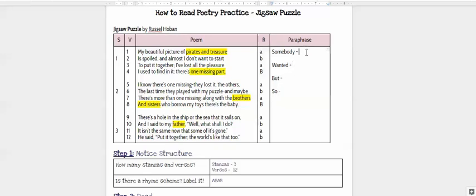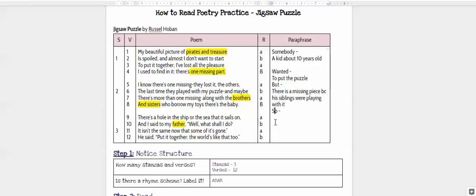Okay, now my speaker, the person I think it is a speaker, might not be the same person you think it is. I think it's like a kid about 10 years old. Maybe a little older. And what did he want? He wanted to put the puzzle together. What kind of a puzzle? The pirate puzzle. But there is a missing piece because his siblings were playing with it.